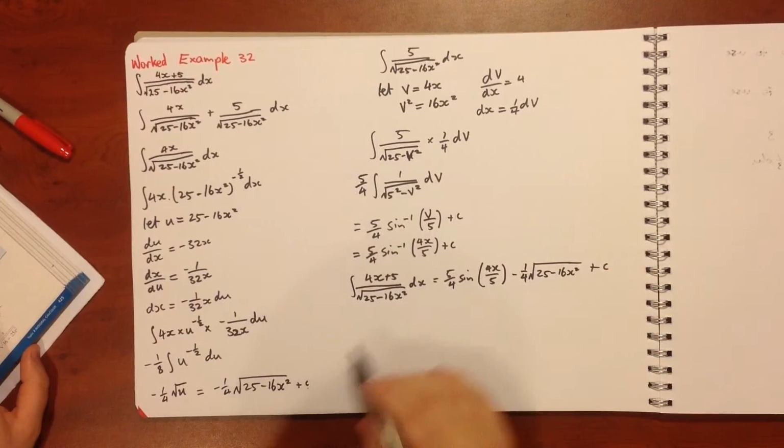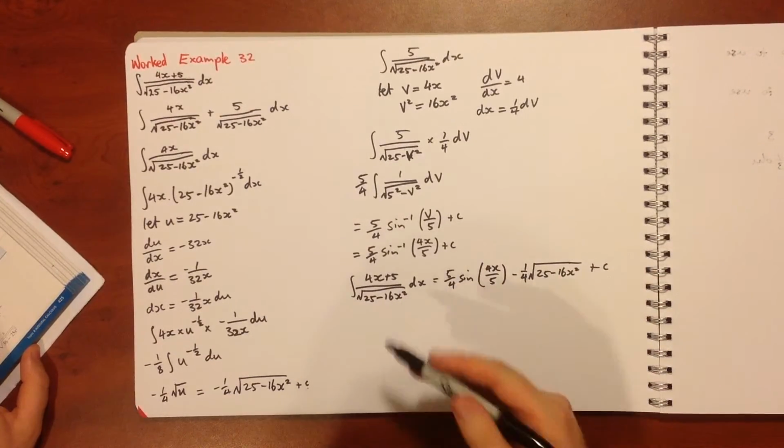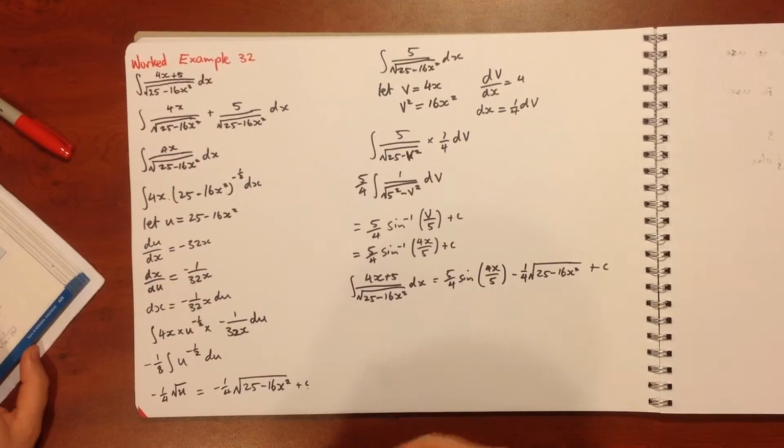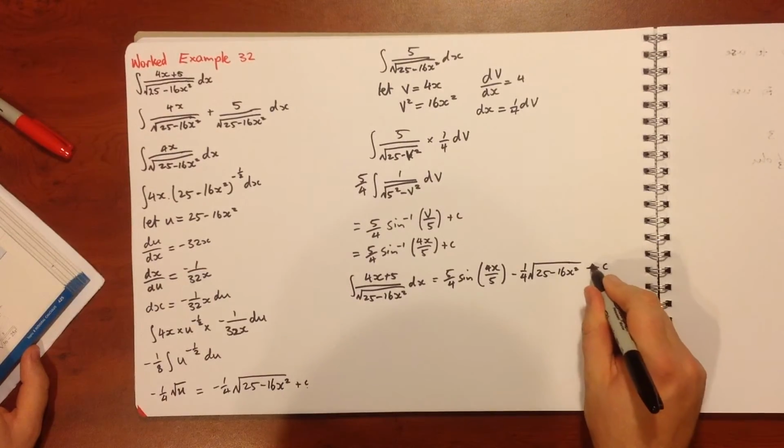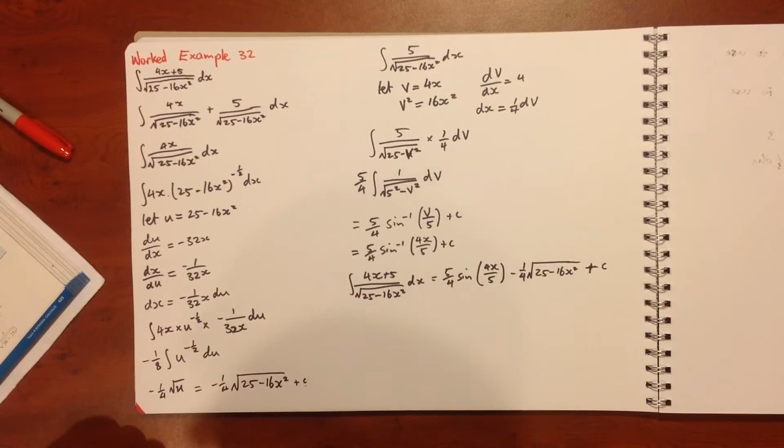So even though we had a c here and a c here, well, a constant plus a constant, yes, you can think of that as 2c, but a constant plus a constant is still just a constant, so we can just write c at the end.